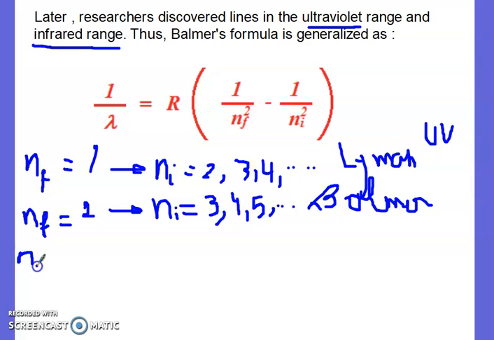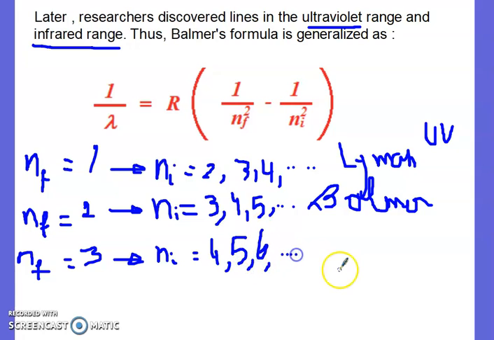If n final equals 3, then n initial must start at 4, 5, 6, 7, etc. up to infinity.